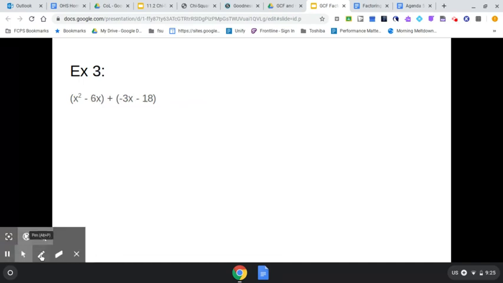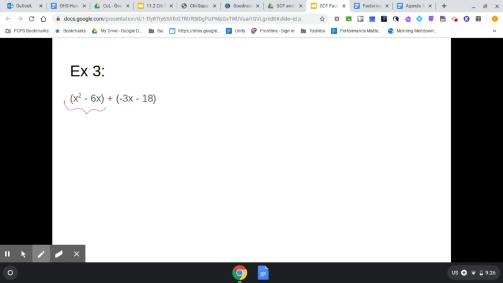Okay, looking at example 3, we have x squared minus 6x plus negative 3x minus 18. So looking at the first group, there's a 1 in front of that x squared, but the only number that will divide evenly into 1 and negative 6 is 1, which I don't really need to write.